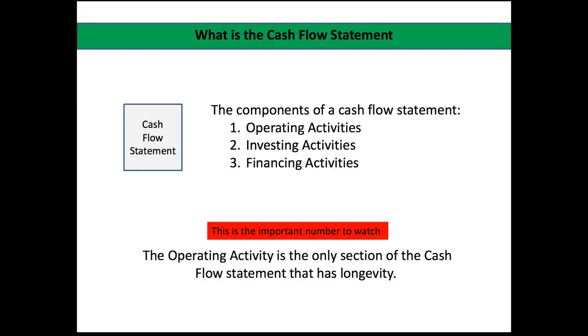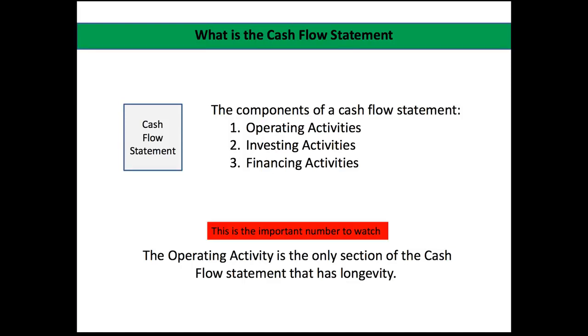on the operating activities. The net income is the first thing listed on the operating activities, which comes straight off of the income statement. So all that money that's being generated for the business that he is producing is listed there on the operating activities. Now, the second one here is investing activities.